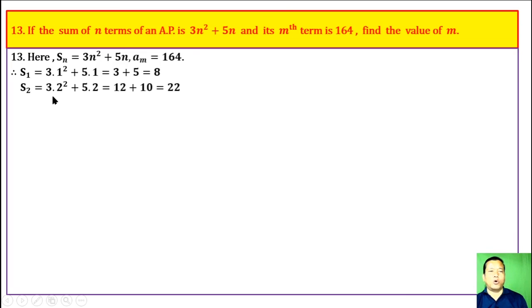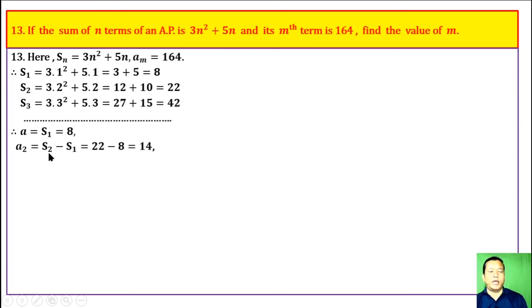S2 is obtained when n is given 2, we get 22. S3 is obtained when n is given 3, we get 42, and so on. Therefore, A1 is S1, whose value is 8. A2 is S2 minus S1, which is 22 minus 8, giving 14. A3 is S3 minus S2, that is 42 minus 22, that is 20.